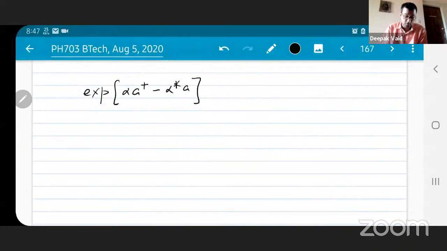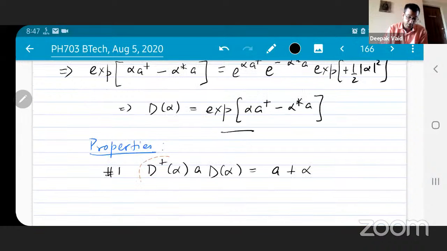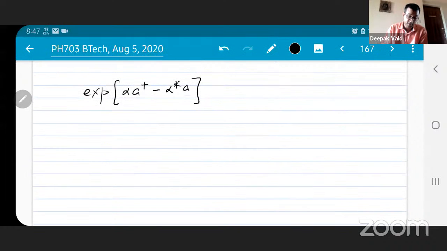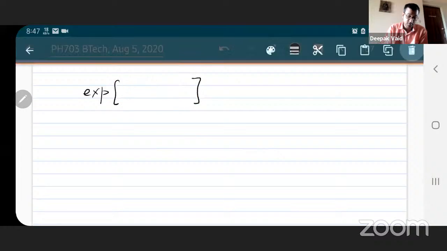So first of all, over here, we have D conjugate alpha. D conjugate alpha is equal to D inverse alpha, which is equal to D minus alpha. So everything here will just get a minus sign in this expression.